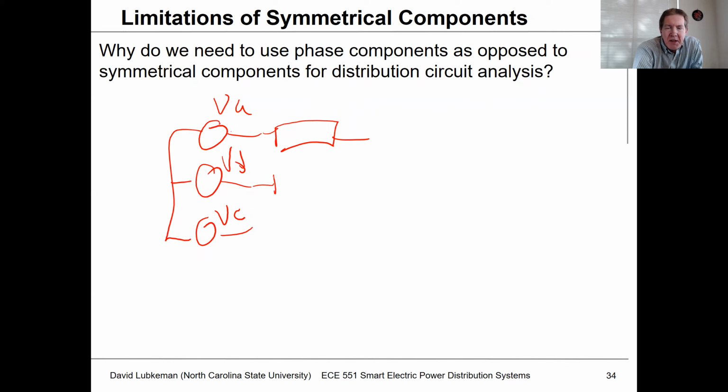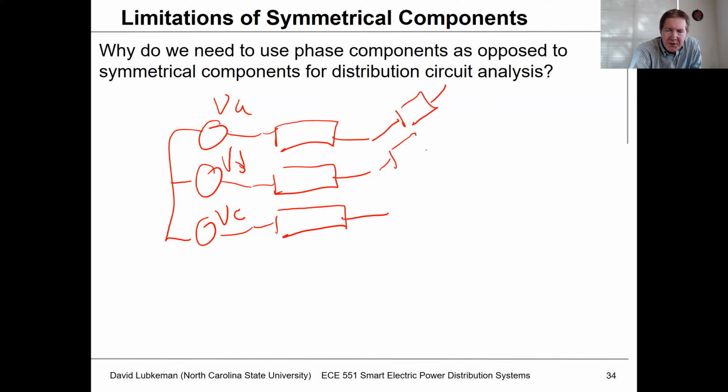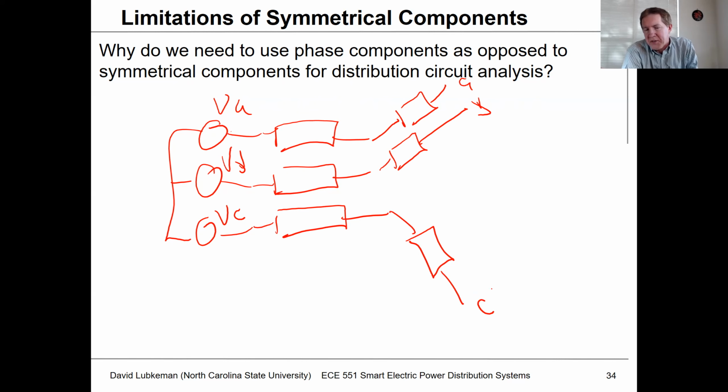If I can assume this is transposed, I could do my calculations in terms of symmetrical components. However, then we run two phases off in this direction. We just have an A phase and a B phase, and I might run another circuit off that's single phase in this direction. I just have a C phase. Well, how do I use symmetrical components? Because symmetrical components are really designed for three phase.